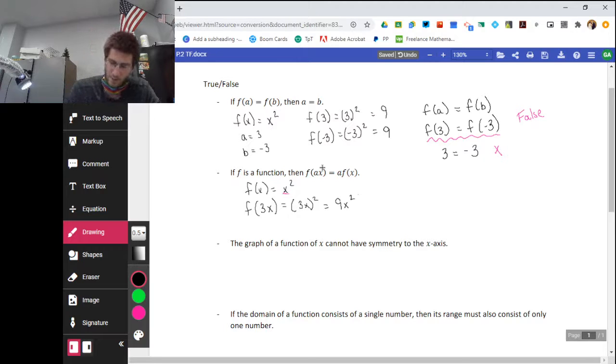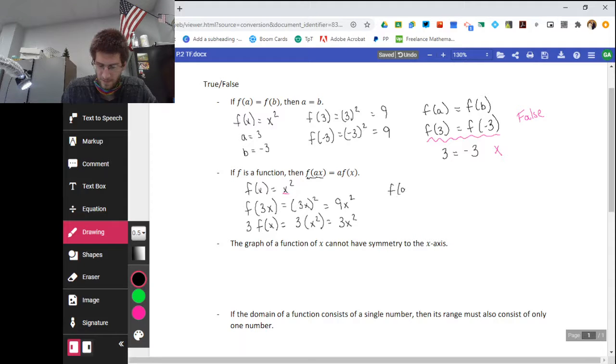Now, what this is saying is, if I take this a value, the 3 in our case, and move it to the outside, we should get the same thing. So let's try 3 of f of x, which would be 3 times the function f of x, which is x squared, which equals 3x squared.